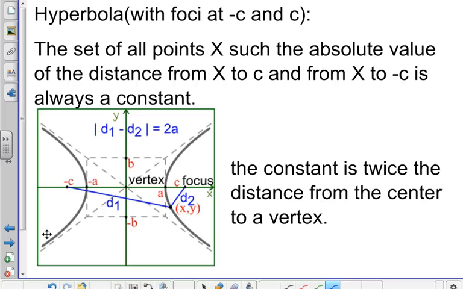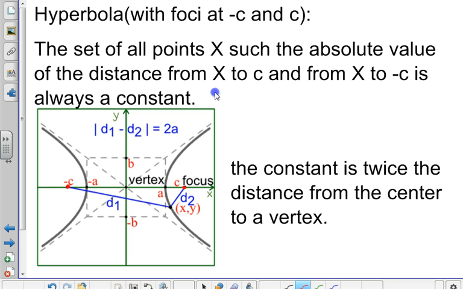It says a hyperbola is formed when you have two foci. The foci are going to be over here at C and the opposite of C, okay? And the definition is the set of all points such that the absolute value of the distance from any point on the hyperbola to one focus and from that point to the other focus is always a constant.